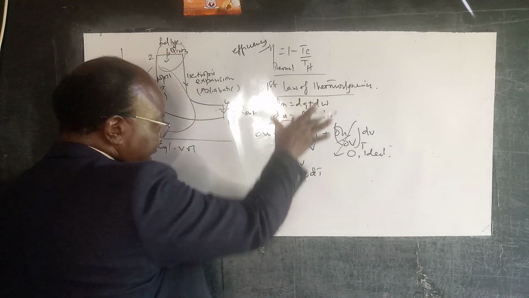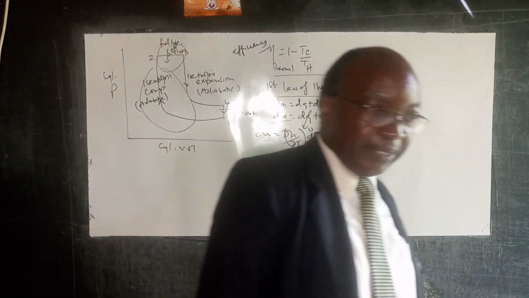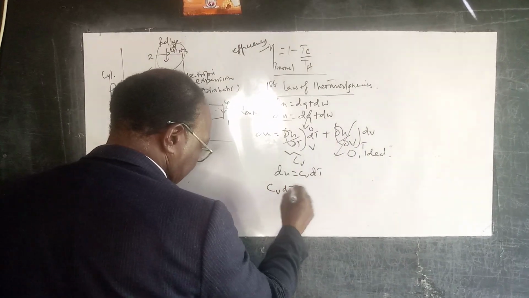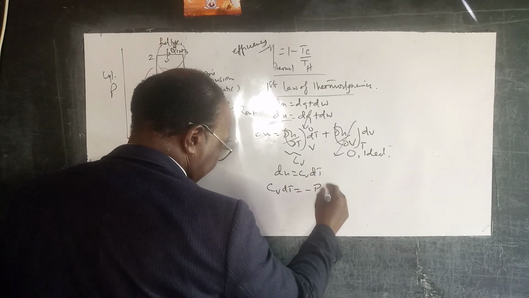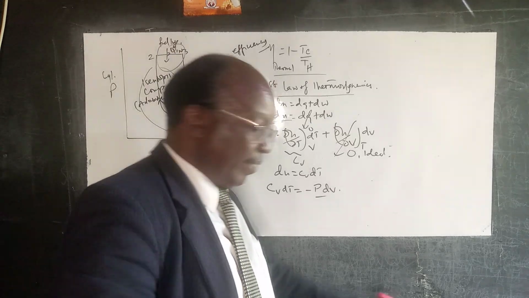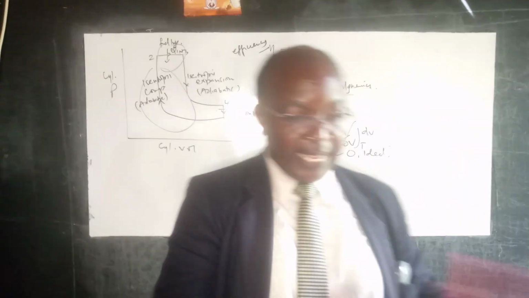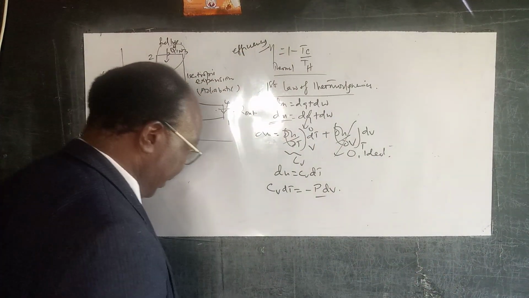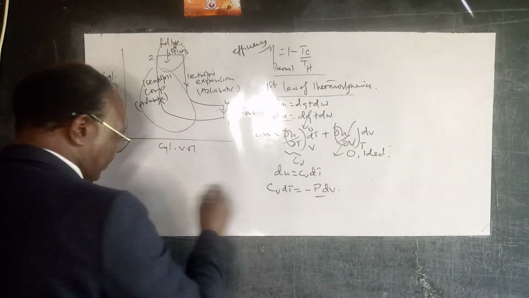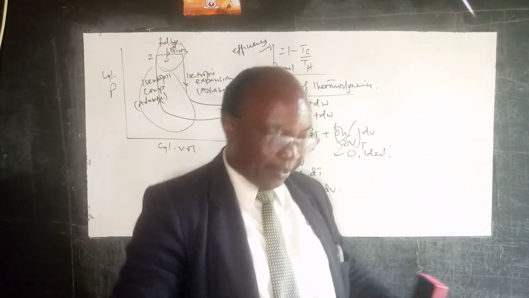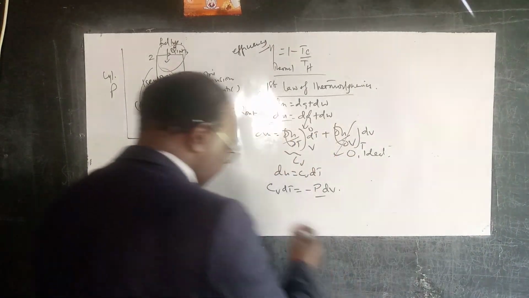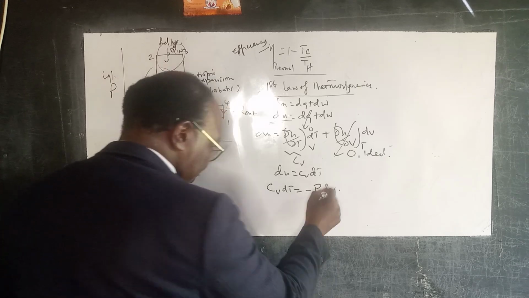So if we plug in these quantities in the first law of thermodynamics, then we have Cv dT equals minus P dV. That's the expression for PV work. We have the piston, cylinder, and the reciprocating work and so forth. Now, if we assume the lower temperature corresponds to our initial state and the higher temperature corresponds to our final state, then we can insert the expression for pressure.